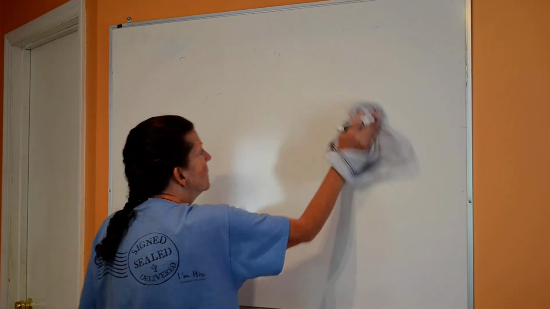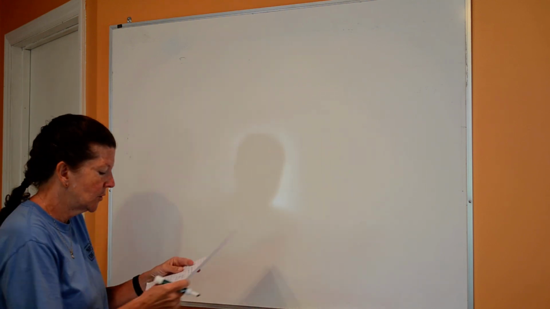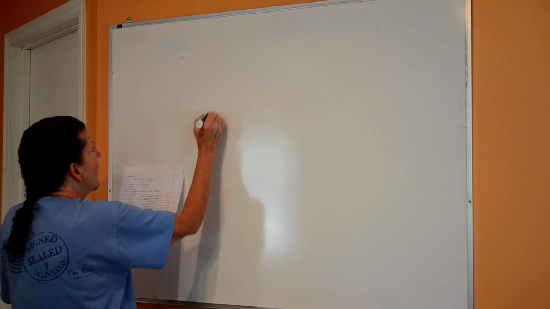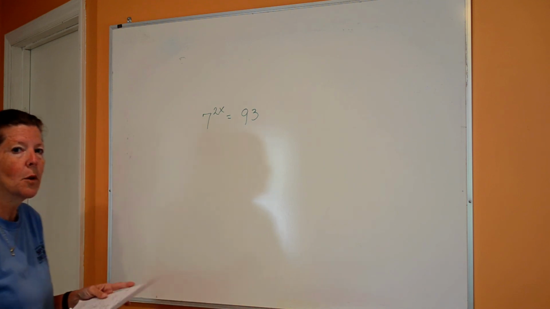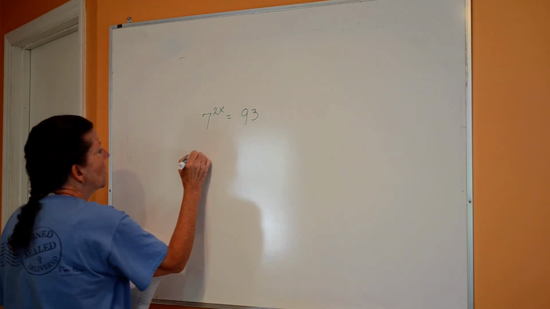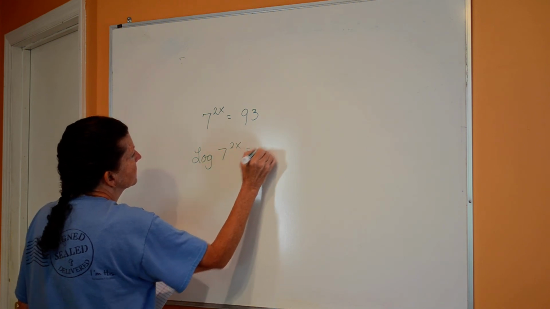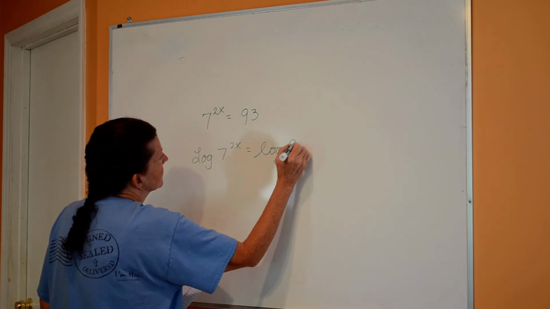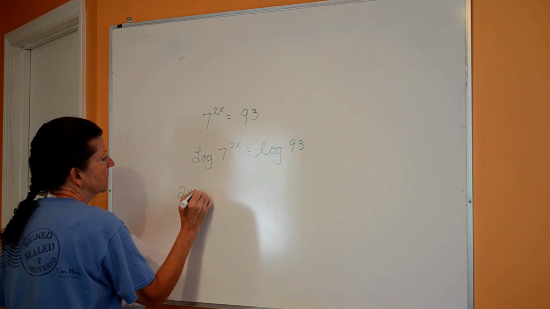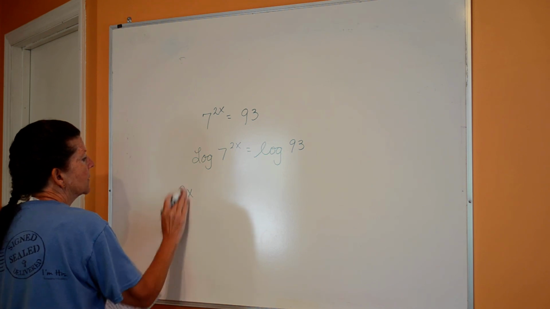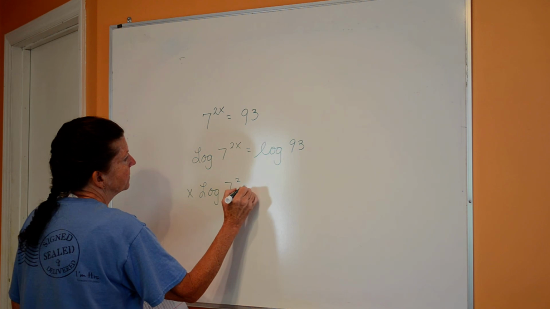Then we use this concept to solve problems. We continued to solve them the same way in the next section, but the next section used natural log. So let's say I have that, okay? There's no way to make the base number the same. So I'm going to take the log of both sides. I'm going to bring the x to the front, and I'll leave the 2 on the 7.